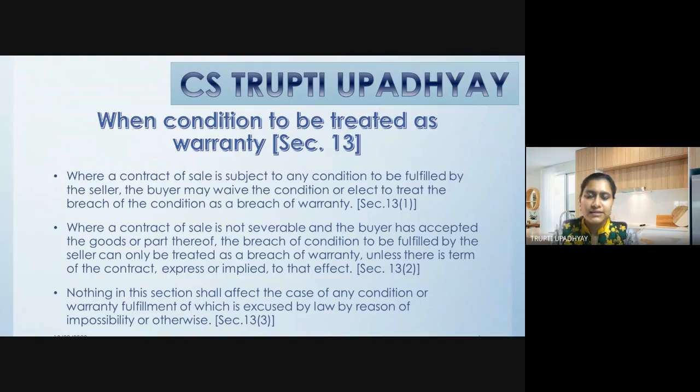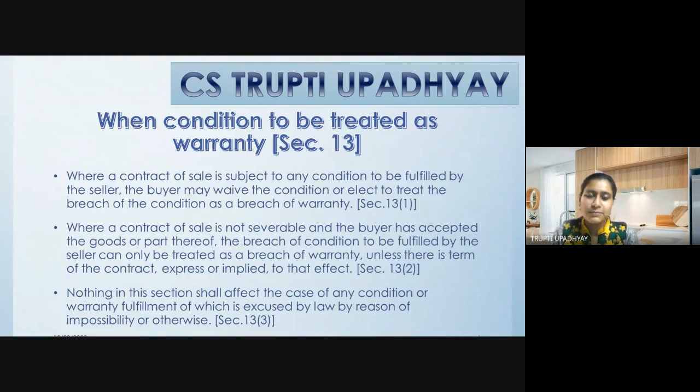He may tell the seller that he no longer wants the condition to be fulfilled. He will continue with the contract and accept the goods, even though the condition, previously agreed between the parties, has not been fulfilled by the seller. So by waiver it is possible, and the buyer has a right to do so.